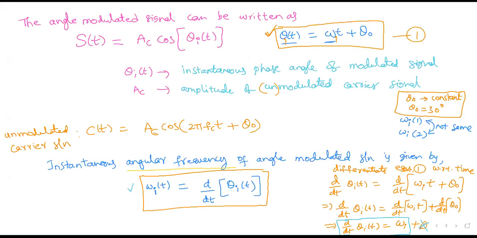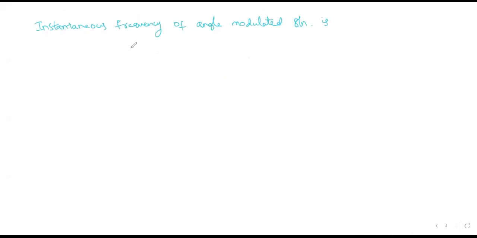I'm not going to change anything. Theta I of t equal to omega I into t plus theta naught. This is equation 1 in the previous slide. Here I'm going to substitute omega I, so it is 2 pi into fi into t plus theta naught.